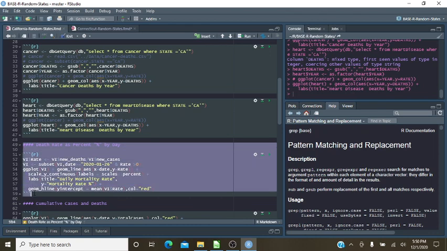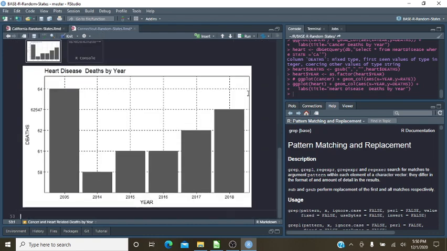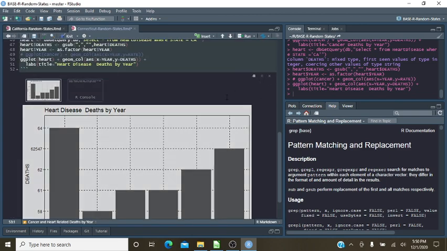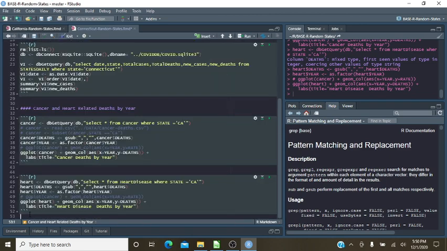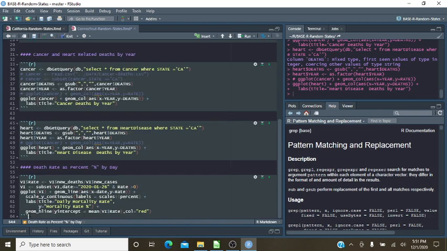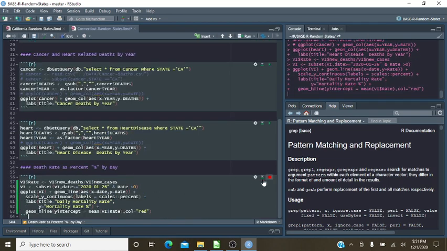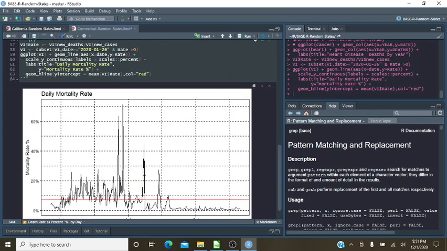Let's calculate the mortality rate. Maybe we can get some good news here. You can see that their mortality rate is under, well, this must be 5, 20, this is 10.